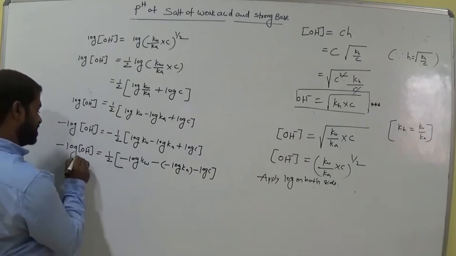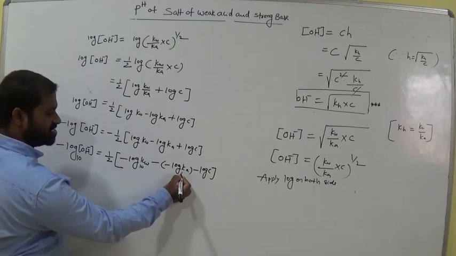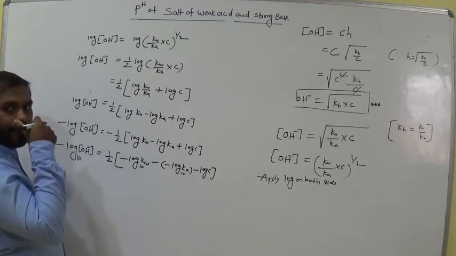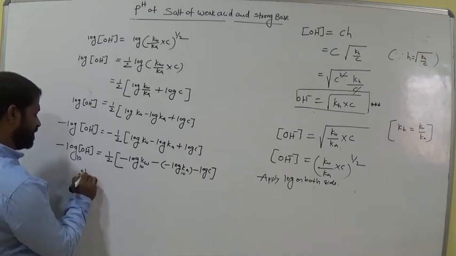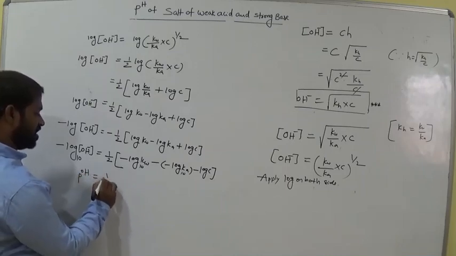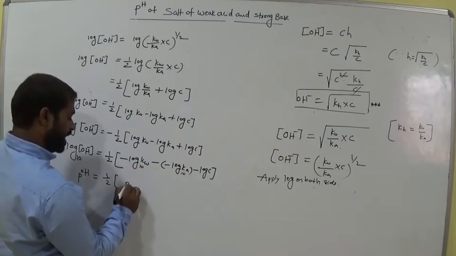To the base 10. Here also it is base 10. Now minus log OH clearly is pOH, am I right? Minus log Kw means pKw.